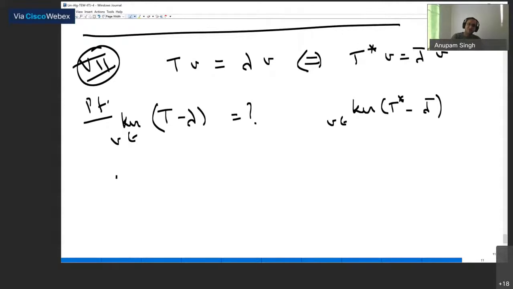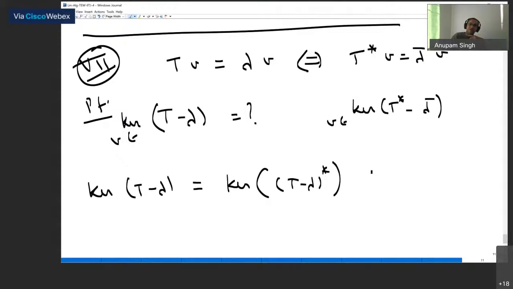This follows quite easily because we said that the kernel of T and the kernel of T star are the same. So instead of T, I will take T minus lambda. From that statement, I get that the kernel of T minus lambda is the kernel of (T minus lambda) whole star. But if I apply star on the sum, it becomes the star of the first and the second. So this is the kernel of T star minus lambda star. Lambda is a scalar matrix, its star is just lambda bar. And this gives me property 7.